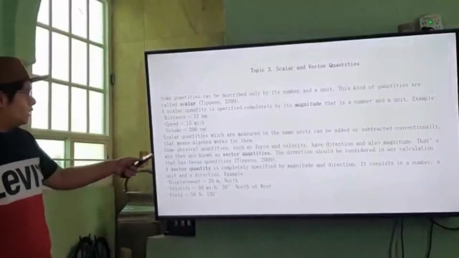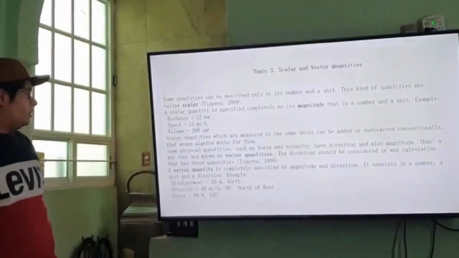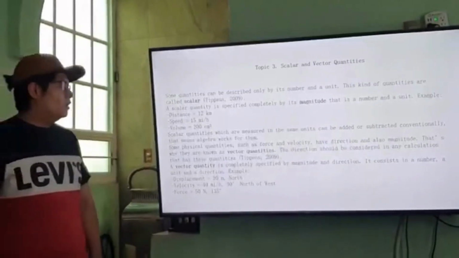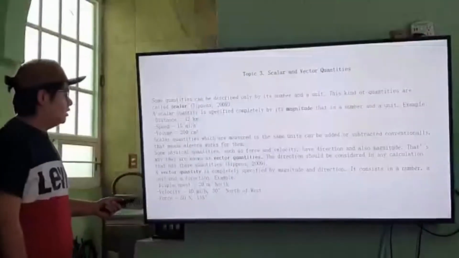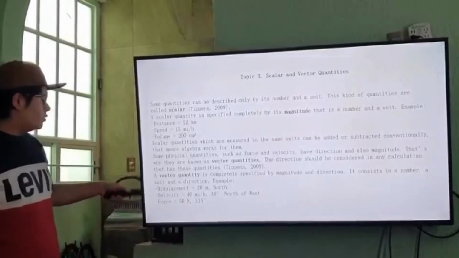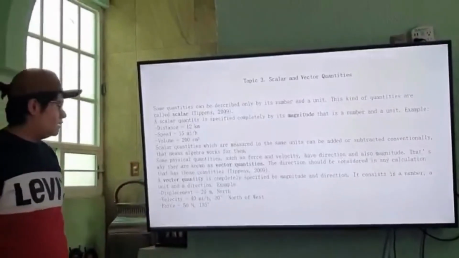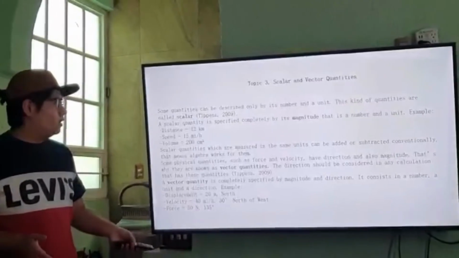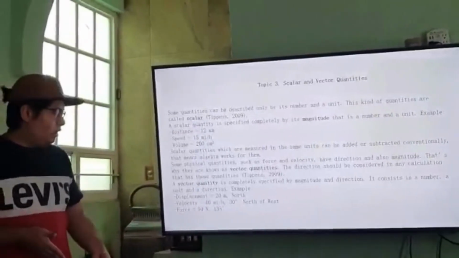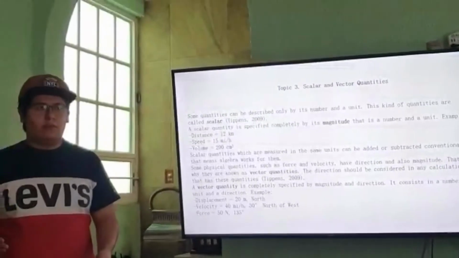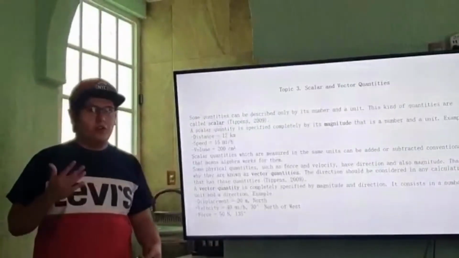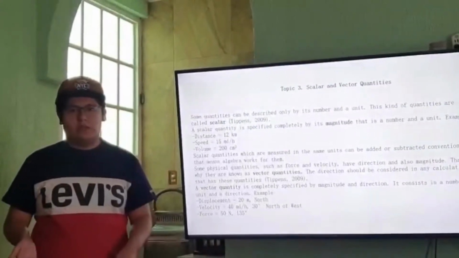The scalar quantities, which are distance, speed, and volume, only talk about a specific quantity. And the vector quantities talk about the magnitude, the number, and the direction that they have. For this, we need to take the north, south, east, and west.